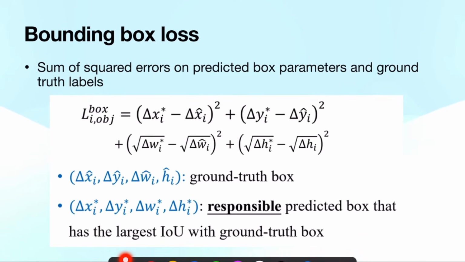Then W and H likewise. The only difference is that W and H have a square root term, because they can vary in higher values compared to X and Y. W and H are with respect to the whole image, not with respect to the grid cell. So this square root term downscales the high values, whereas low values are less affected. This is kind of a weighting factor we are adding here.